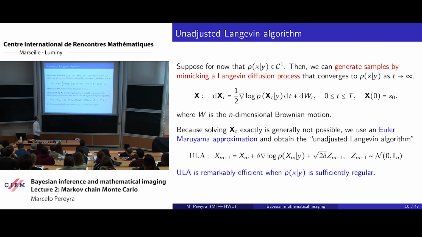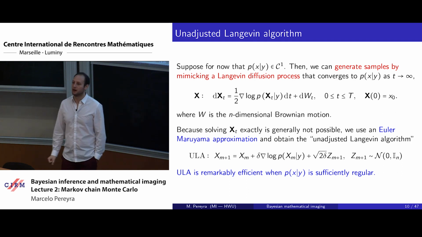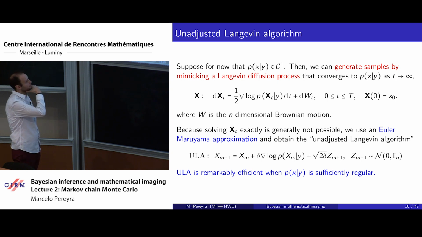And one way of doing it that scales to high dimensions is to inspire yourself from some kind of physical stochastic process that by construction naturally converges to p of x given y, even if the dimension is really high. So one such process is the Langevin diffusion process, defined by this stochastic differential equation.